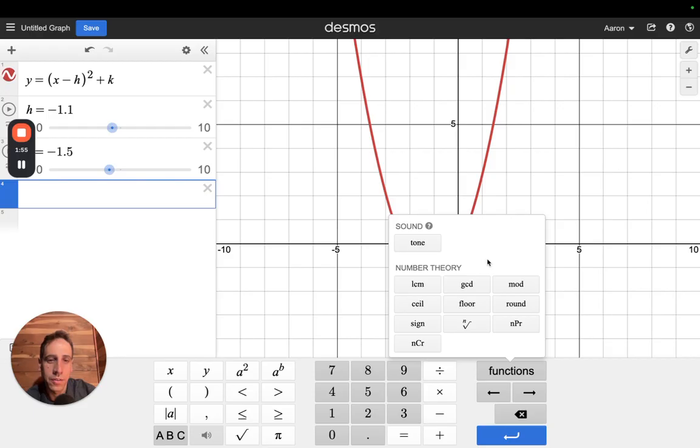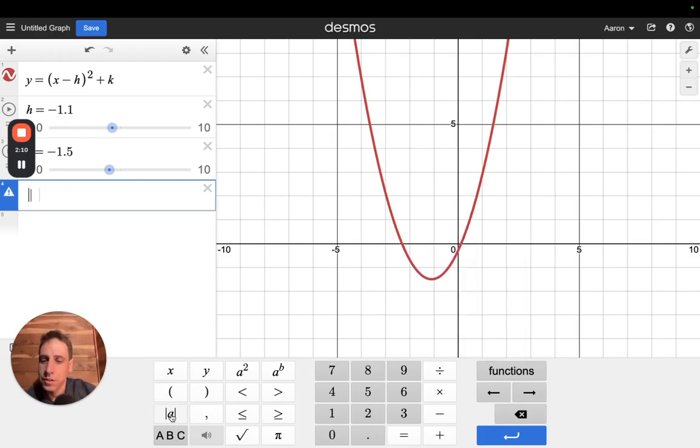We won't need all of these, but you might need them at some point. There's a floor, and you could just type in the word floor. There's also this right here, the something root, that'll come into play later. Anyway, let's type in this absolute value function of x minus h plus k.